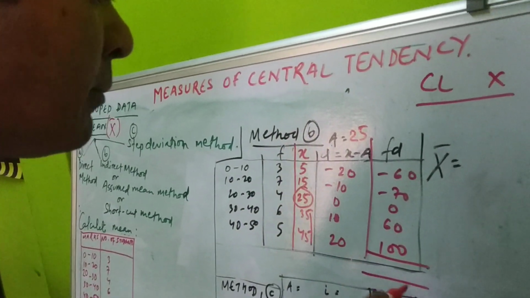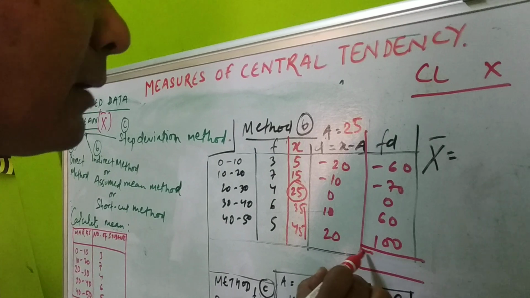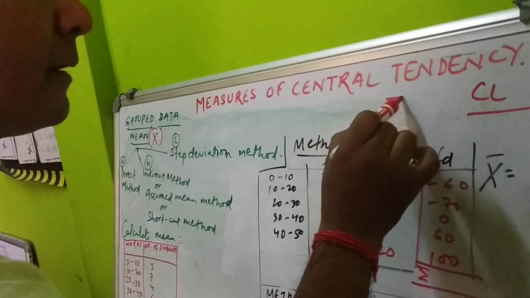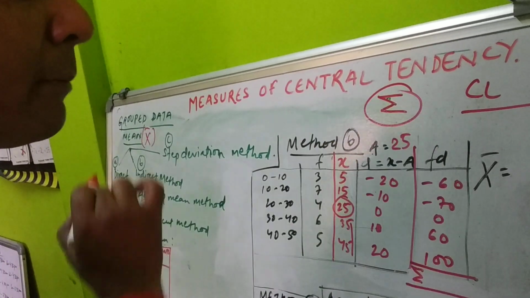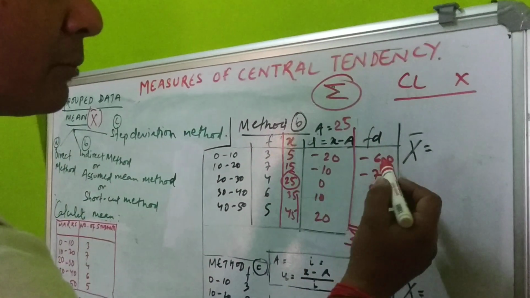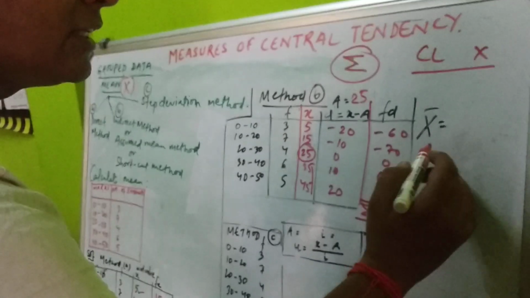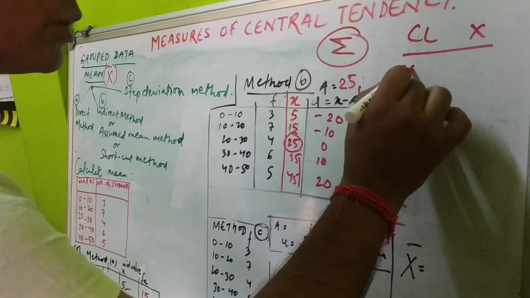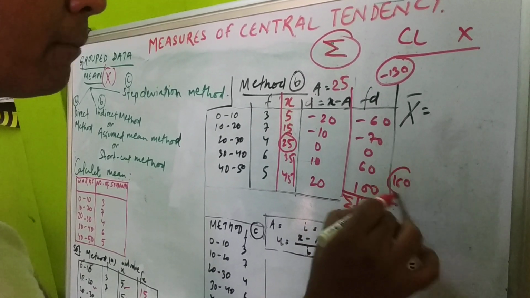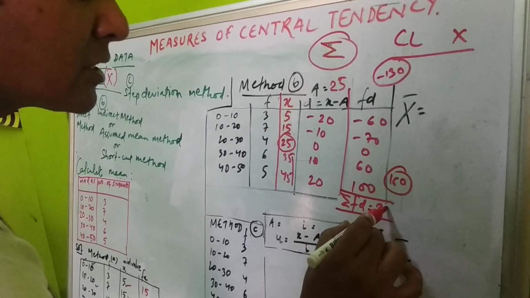Now we take the sum, sigma. Sigma means summation. In statistics, the symbol sigma means summation. Do remember that. So sigma fd: the summation of minus 60 and minus 70 is minus 130. You can note it. And 60 and 100 is 160. Plus 160 minus 130 is plus 30.